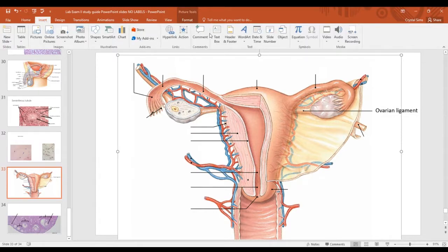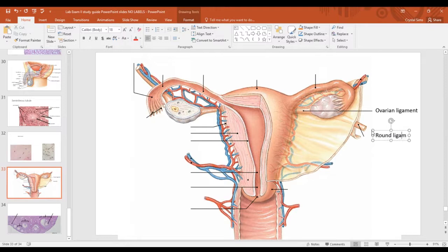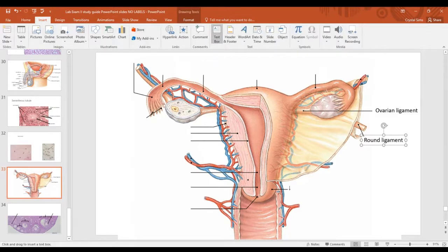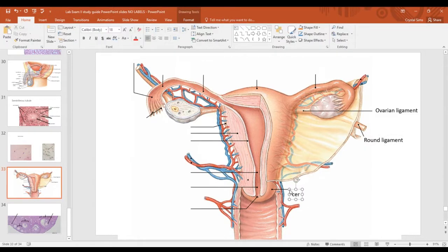So on the left, we have spermatogonia. And then on the right, we have primary spermatocytes, secondary spermatocytes, and then spermatids.